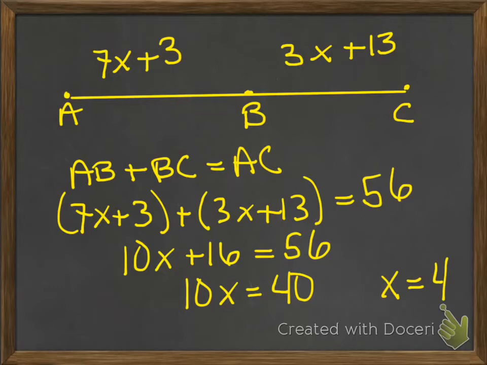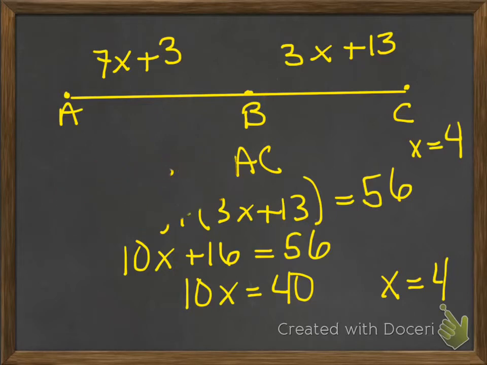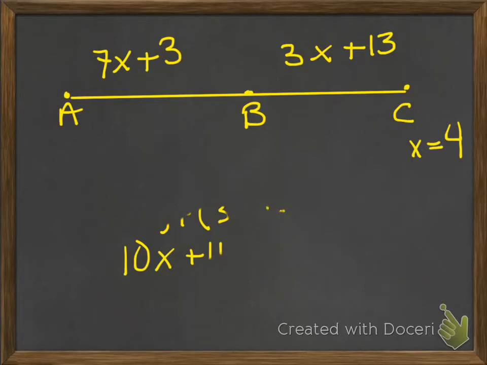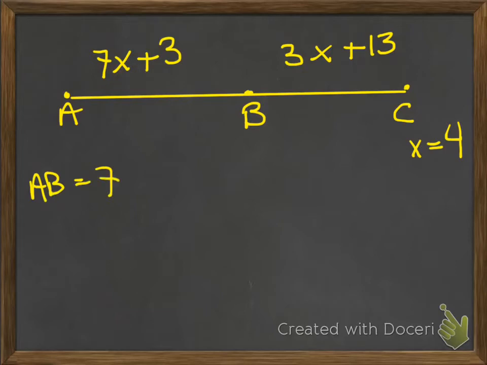Okay, I'm going to write this up here on the top. So x is equal to 4. All right, now I'm going to erase my work here so we can plug stuff in. All right, so x is equal to 4, and it wants to know the segments. So AB is equal to 7x plus 3, and we're going to plug in 4.